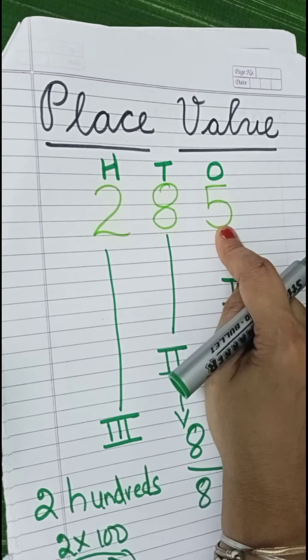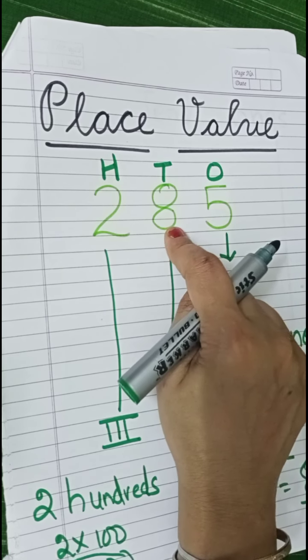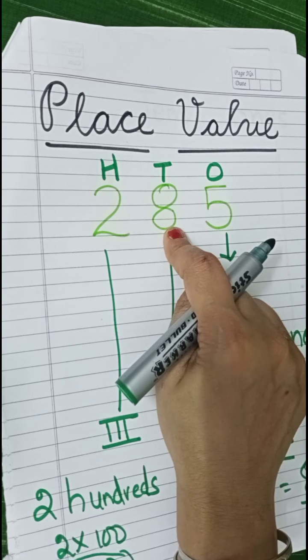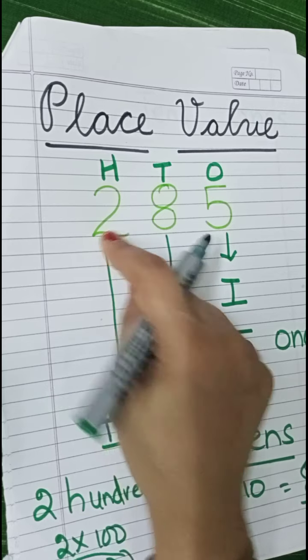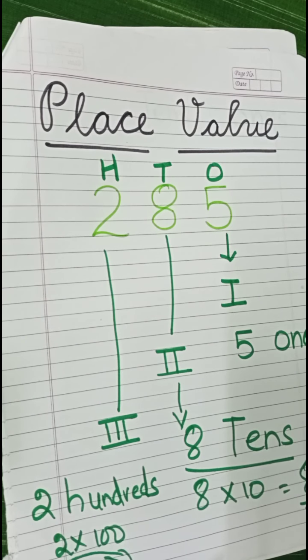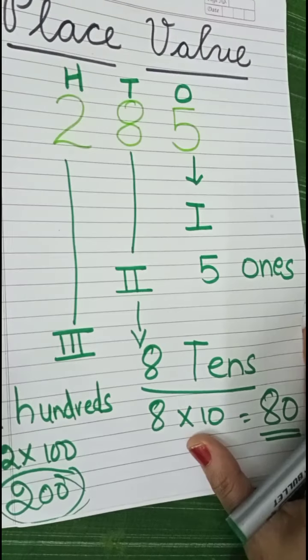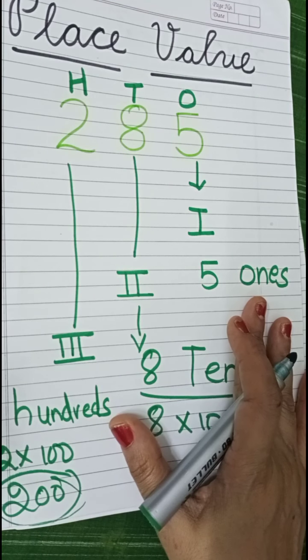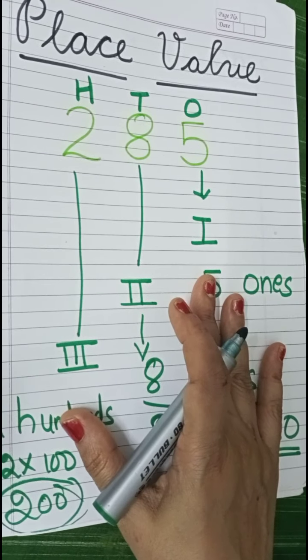So यहाँ जो 5 है इसका प्लेस वैल्यू है ओनली 5 ones. 8 का प्लेस वैल्यू है 8 tens, that means 80, and 2 का प्लेस वैल्यू है 200, that is 2 hundreds, that is 200. Can you see this? So now you understood what is a digit and what is a place value. Okay?